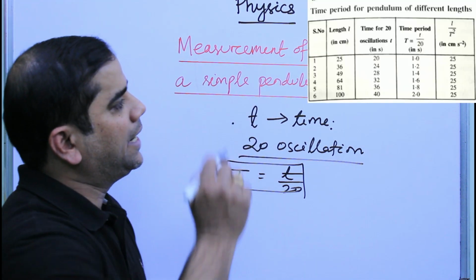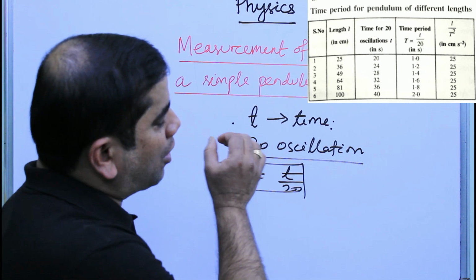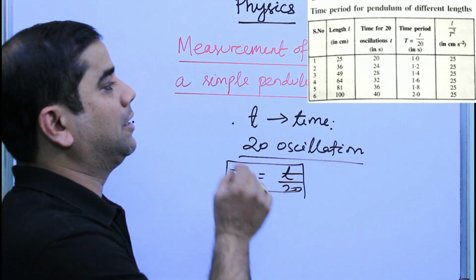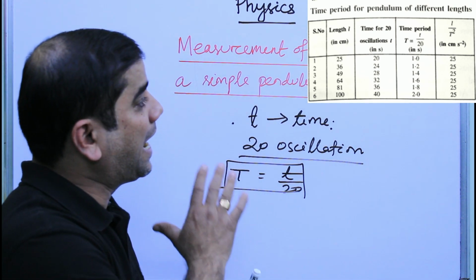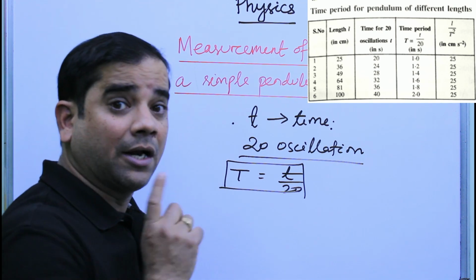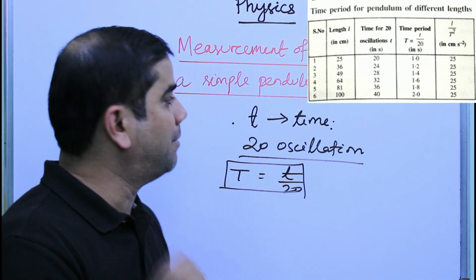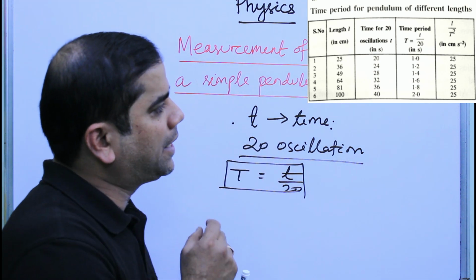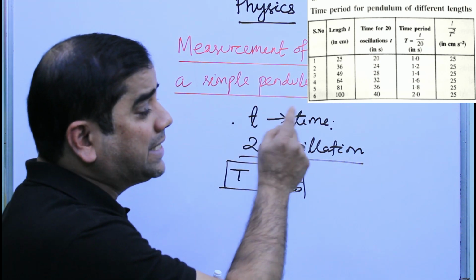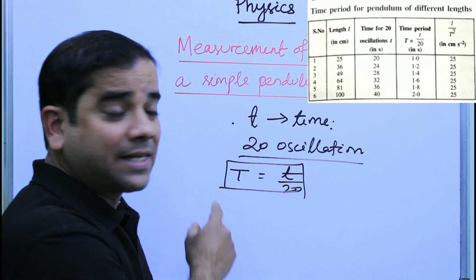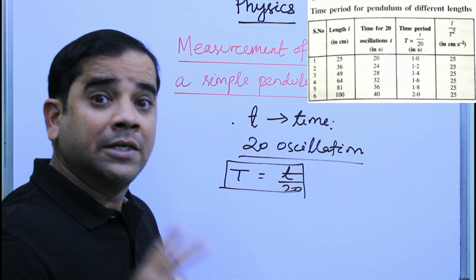As you can see in the table, you can observe that the length of the string in the first case is 25 centimeter and that of the sixth case is 100 centimeter. So it has become 4 times. And what happens with the time period? The time period is 1 second in the first case but it is 2 seconds in the sixth case.